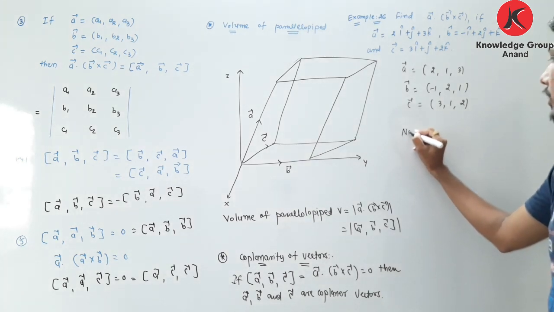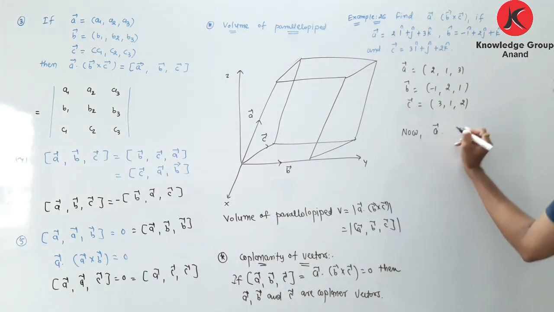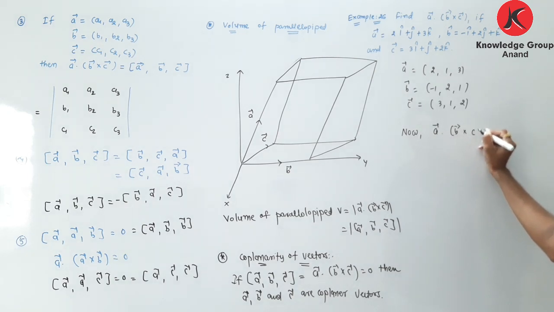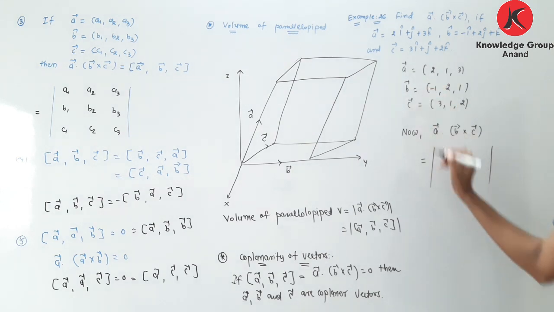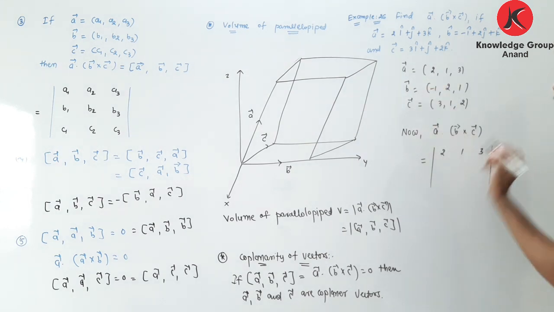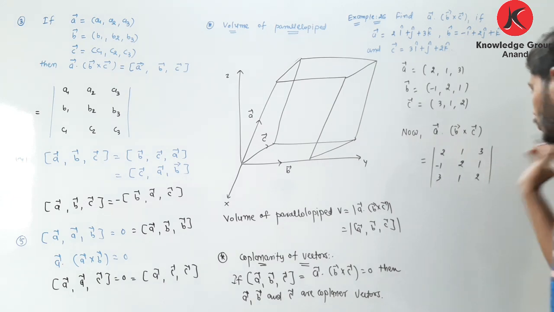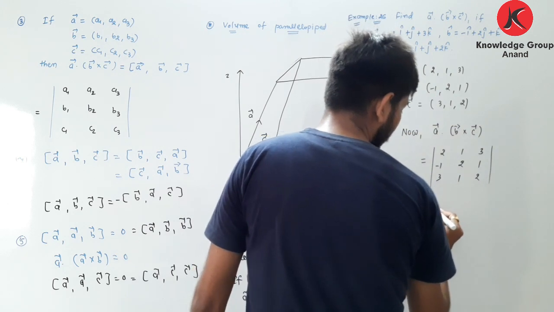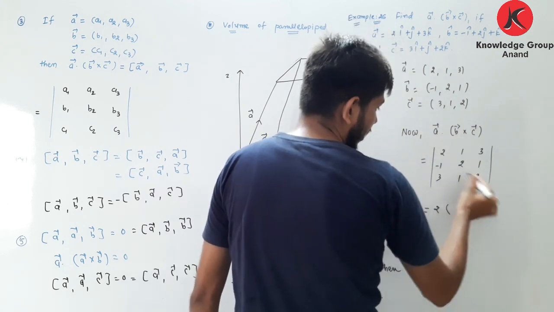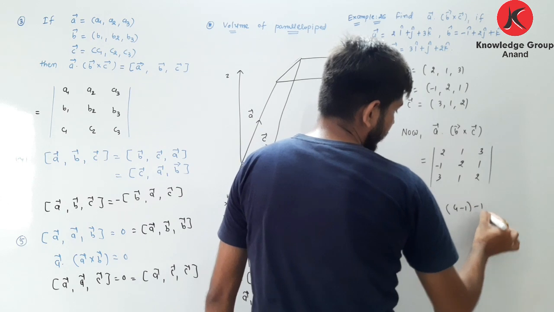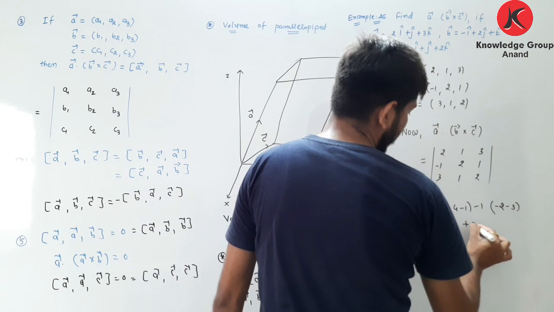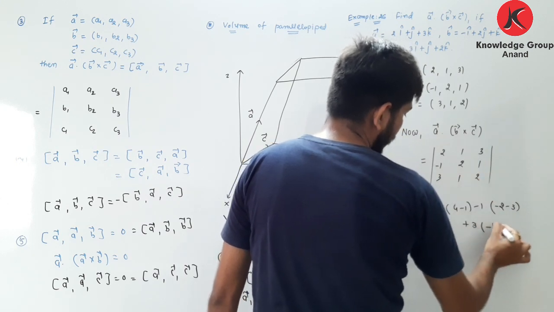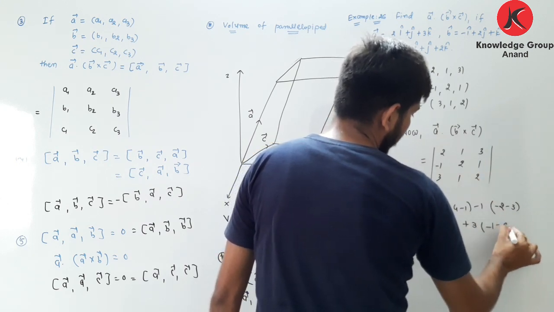Therefore, we can calculate. Now, A bar dot B bar cross C bar can be calculated by use of determinant. So determinant like 2, 1, 3, -1, 2, 1 and 3, 1, 2. Now, expand this determinant directly. 2 into bracket 4 -1, into -2 -3 plus 3 into -1 -3, to the 6.